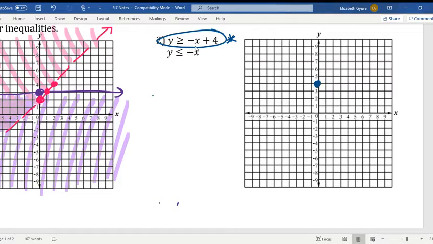So technically, does anyone know what number would be in front of your x here? Yeah, a -1, exactly. If I need to count out a -1, how could I do that? Yeah, very good. We're going to go down 1, right 1.